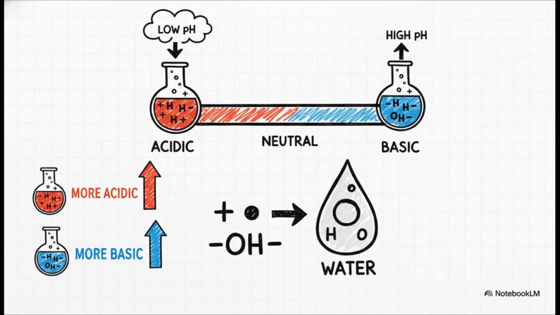All right, so let's do a quick recap of the big takeaways. First, pH is our ruler for measuring acidity and basicity. Low pH means lots of H+ ions. That's acidic. High pH means lots of OH- ions. That's basic. And when you mix them, the H+ and OH- team up to form water. That's neutralization. It's simple, it's elegant, and it's a really powerful idea in chemistry.